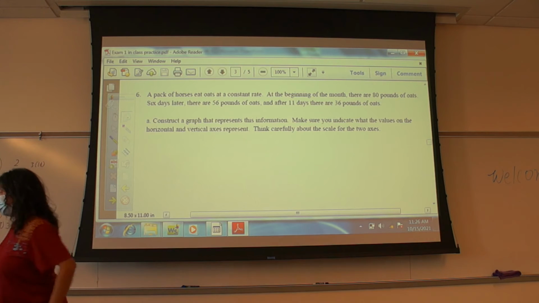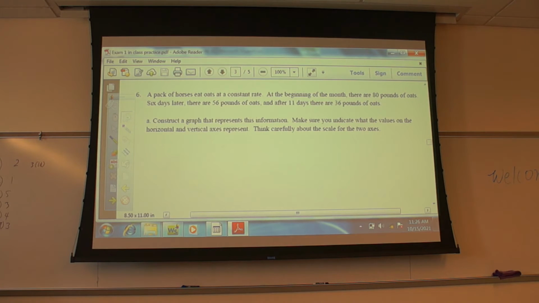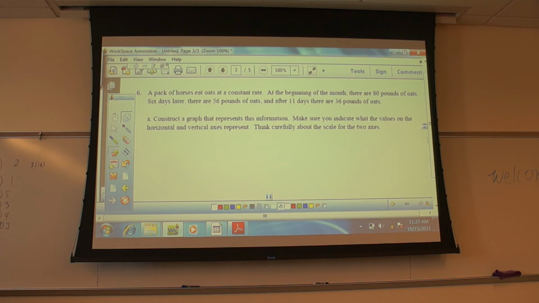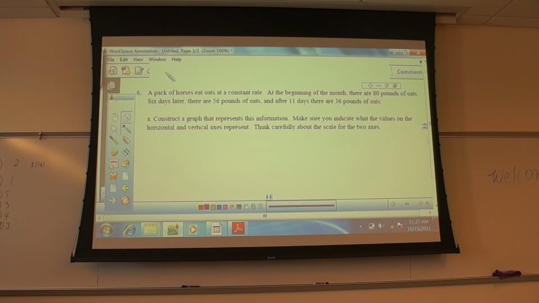So everybody should write down here, next to it or somewhere, x represents, or is, if you want to write is, that's fine. X is blank, y is blank.